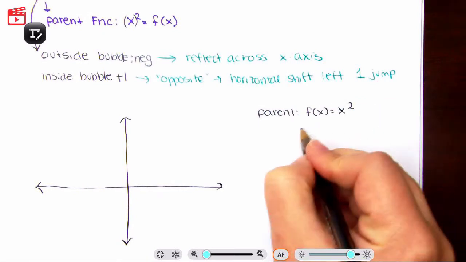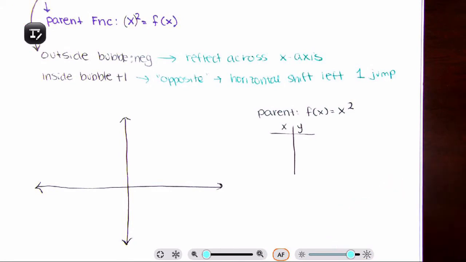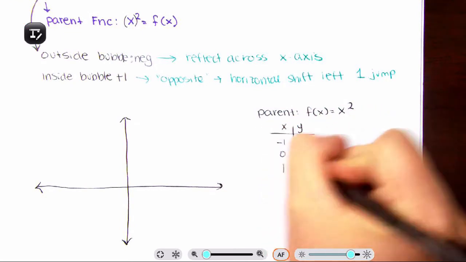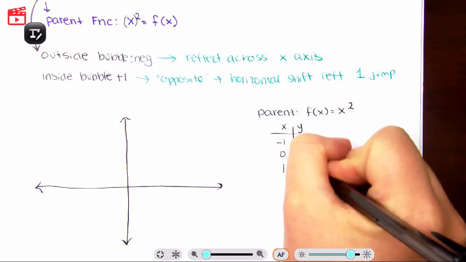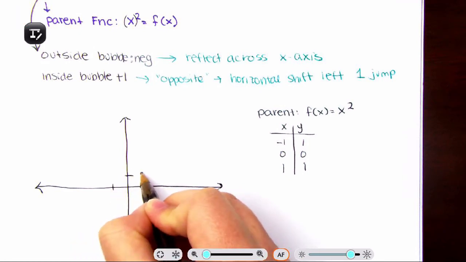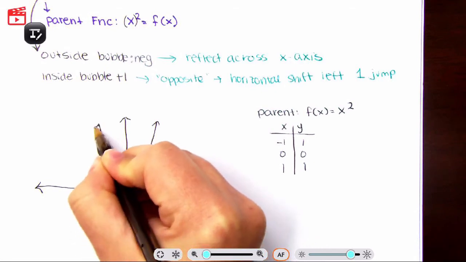So for x squared, here's our t-chart. We have 3 pretty points for x squared. Again, you should be able to see this on your reference sheet. So we have negative 1, 0, and 1. And we have 1, 0, and 1 for my y values. Here's 1, 1, here's 1, 1. And here's my parent function.